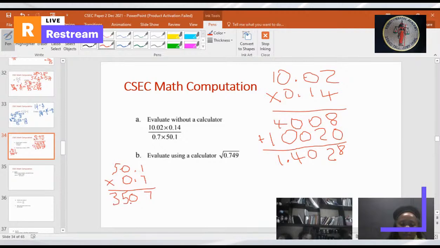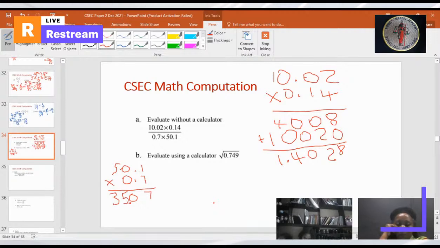So it's 35.07. Yes, miss, 35.07. Miss, I was thinking about doing the bottom part of it, but then I realized that would make sense.